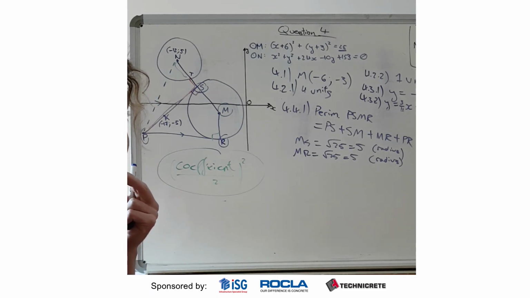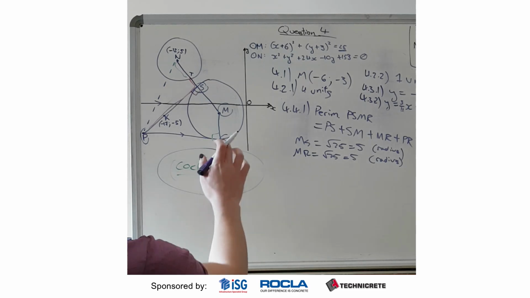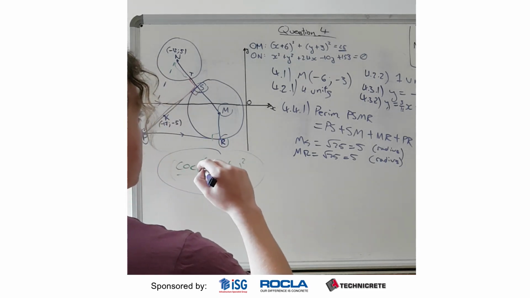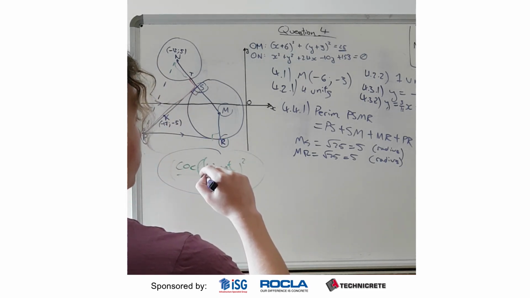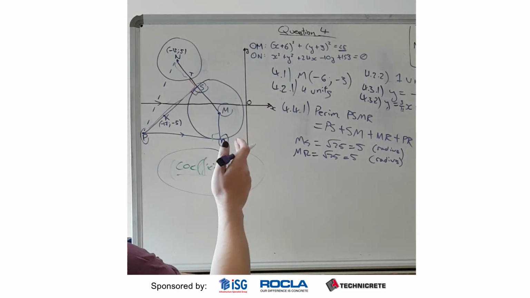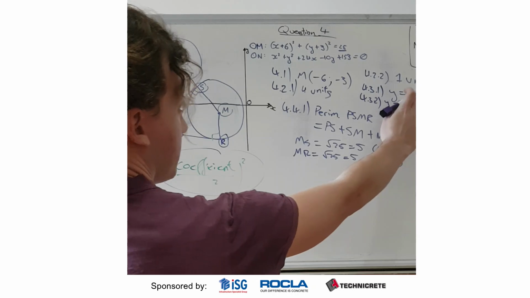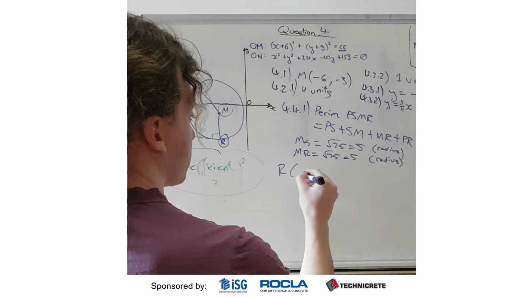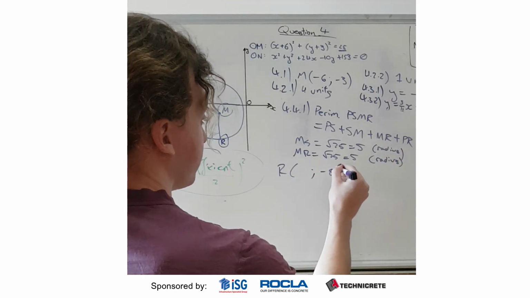And how do we find the coordinates of P? Well, I reckon the easiest way is first find the coordinates of R. Now, we already know that R is on this line here. It's -8.